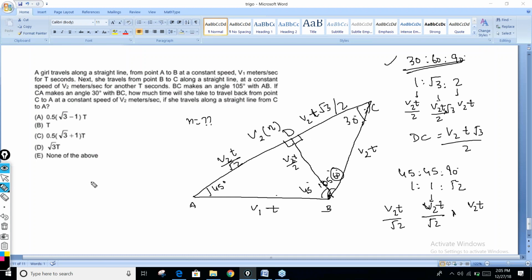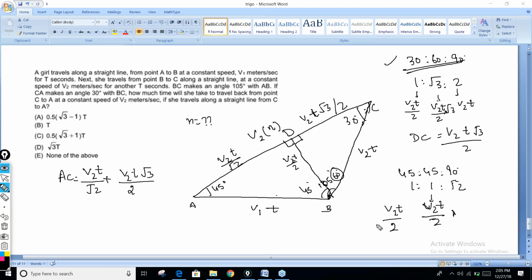So can you tell me the length of AC, guys? Sorry, it's not root 2, it is 2. That is v2t upon 2.